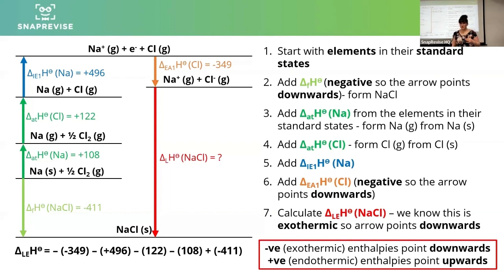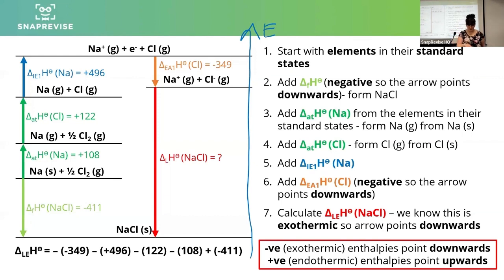An important thing to note, we don't actually often draw them on Born-Haber cycles, but it is directional. One of the things that we don't have with Hess's law, arrows have to be pointing in the right direction, of course they do, but with Born-Haber cycles, we have an up-down vertical axis that's not shown, and that vertical axis is enthalpy increasing upwards, which means your arrows need to be pointing in the right direction.